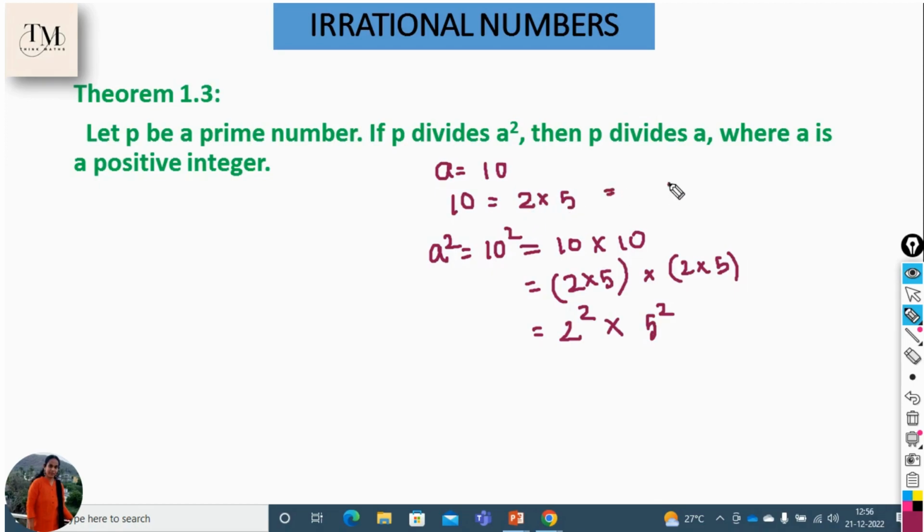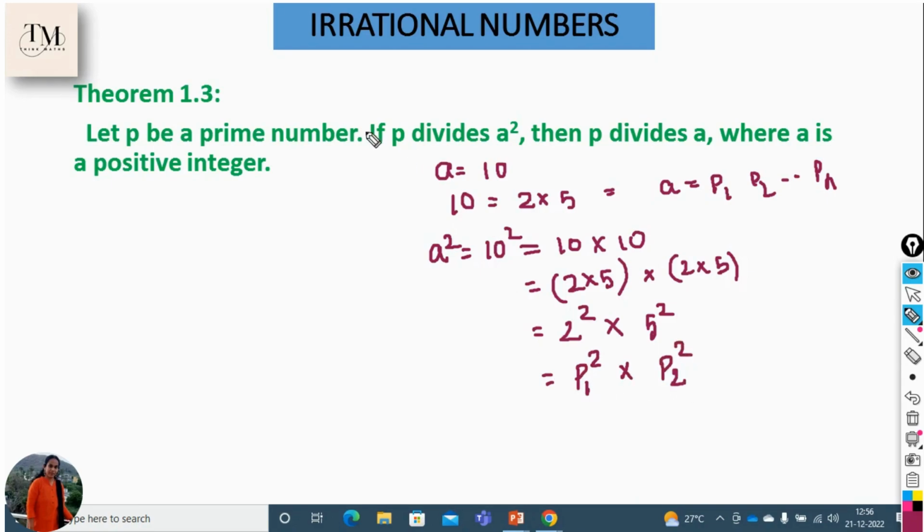So we take a equal to p1, p2, etc. pn. Here p1, p2 are 2 and 5. For a square, it appears as p1 square into p2 square.